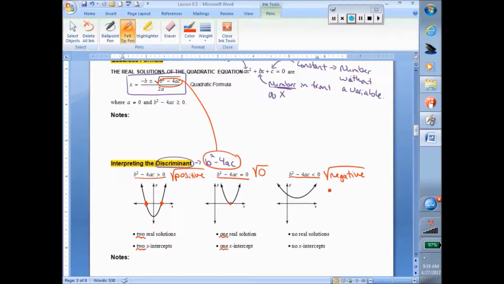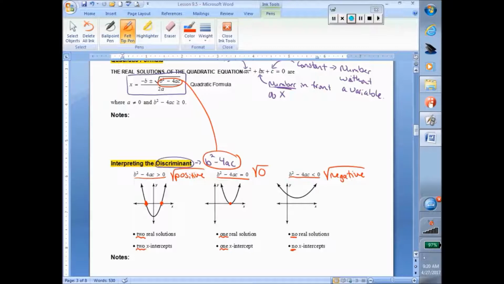So if we try to take the square root of a negative, we're going to have no real solutions. And if we were to graph it, that would mean we would have no x-intercepts. So if we link this back again to our graphing, instead of factoring to get our x-intercepts, we could also use the quadratic formula to get our x-intercepts.